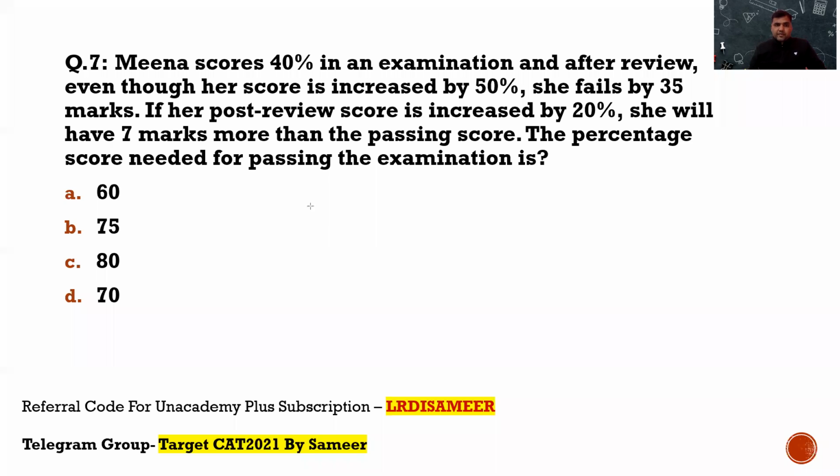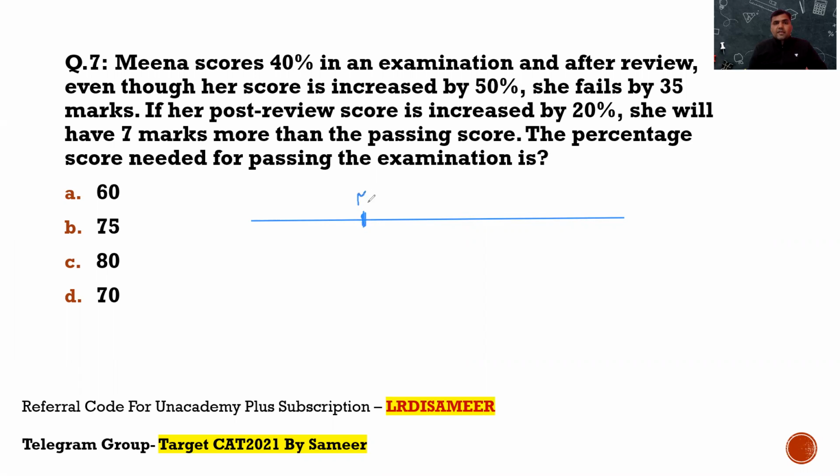Let's say that this represents our complete number line. Meena scored 40% in an examination, so Meena is lying somewhere here.